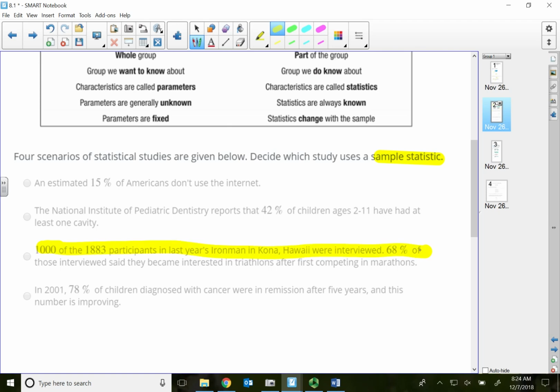So the 1,000 and the 68% go together. They refer to the sample of the 1883. So that's my answer.